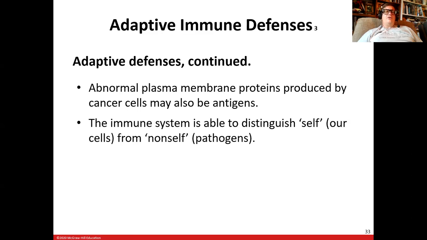In other words, if someone gets really sick and they need an organ transplant, and you're going to give them drugs to stop the rejection, what you're going to do is stop most of these adaptive defenses from working as well, because you're trying to tone all that down so it won't reject the organ.